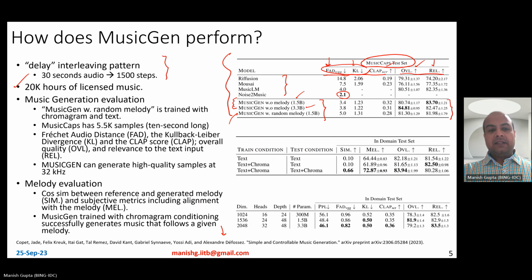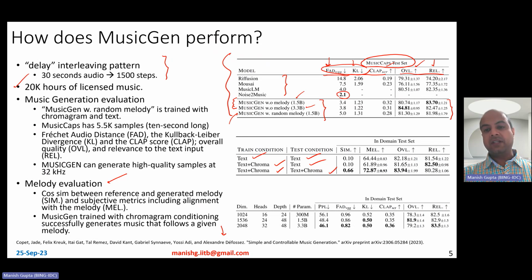Okay. Now, for melody evaluation, what they did was to evaluate how the model performs when you train on text and test also on text, when you train on text plus melody and test only on text, and when you train on text plus melody and test also on text plus melody.